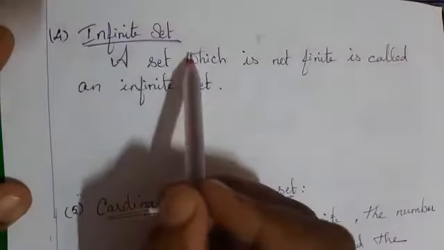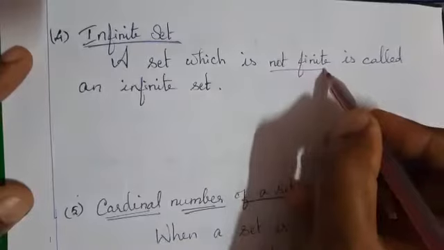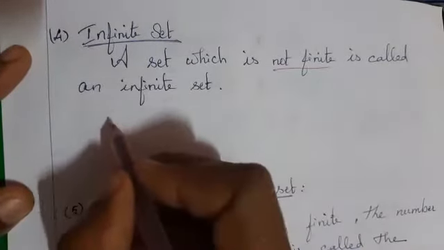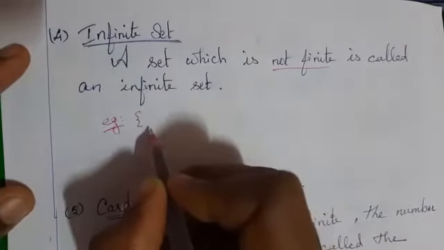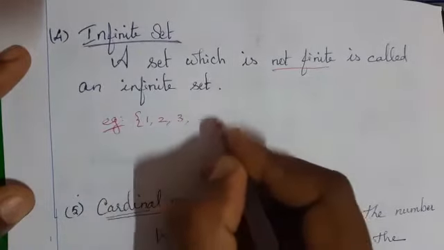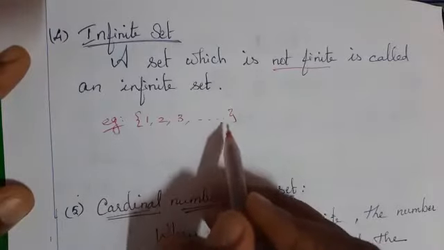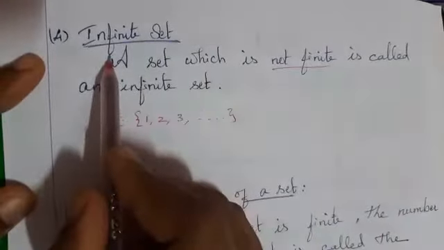Next, infinite set. A set which is not finite is called an infinite set. For example, if you take the set of natural numbers, it starts from 1, but you can't say the last number. You can't count how many natural numbers there are. Therefore, not finite. Therefore, infinite set.